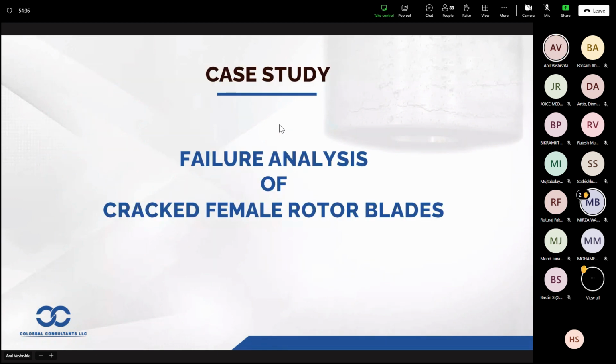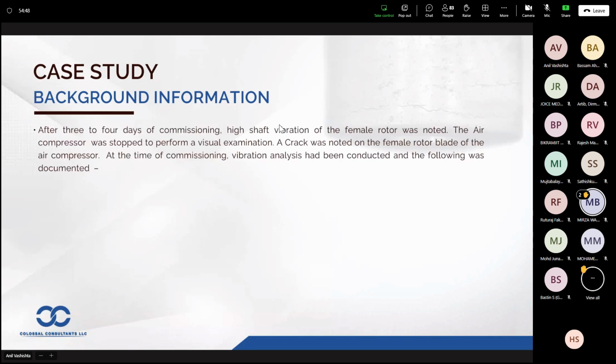We'll come to a case study. This is a failure analysis which was conducted on cracked female rotor blades. After 3 to 4 days of commissioning, high shaft vibration of the female rotor was noted, and the air compressor was stopped to examine visually, and cracks were noted on the rotor blade.